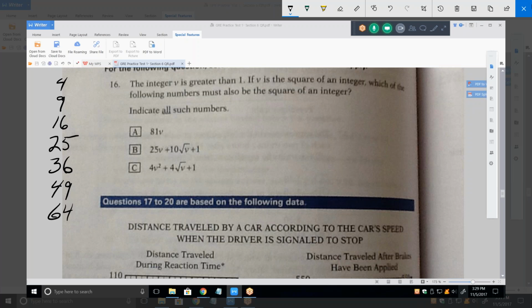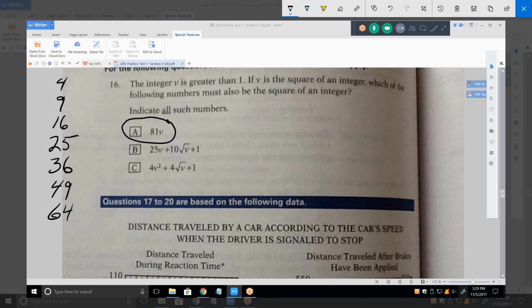That's 2 squared, 3 squared, 4 squared, and so forth. So v is a number like this. In other words, v is not 5, v is not 7. V is one of these numbers or higher. Okay.